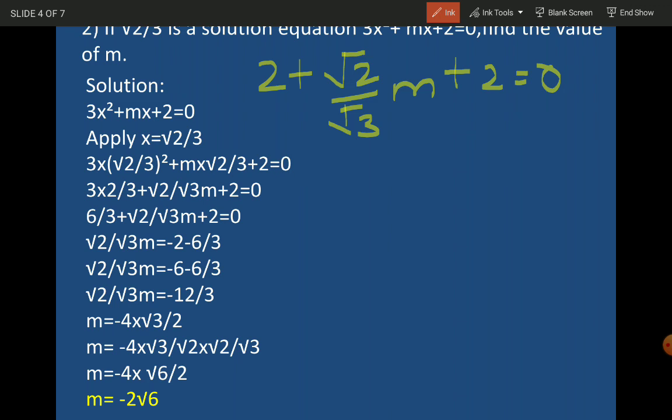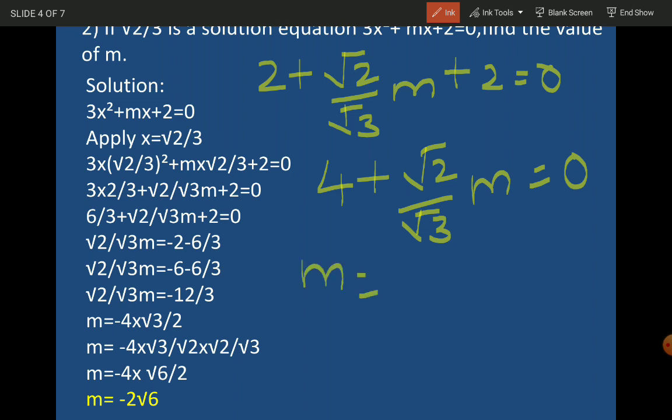So we get 4 plus root 2 by root 3 m equal to 0. So here, we transfer 4 to that side, so root 2 by root 3 m equal to minus 4.